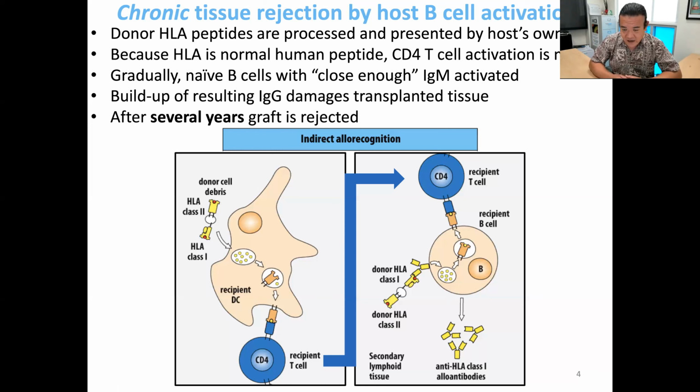Because these antibodies are actually being selected for to recognize this slightly different version of a totally normal, healthy peptide. Right? So this process takes a long time. So it might take several years of building up levels of these different antibodies that are constantly attacking the tissue, right? And after many years of persistent damage, the kidney eventually fails, right? And the organ is rejected.